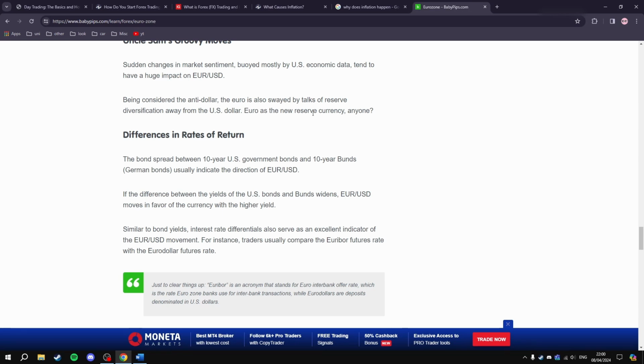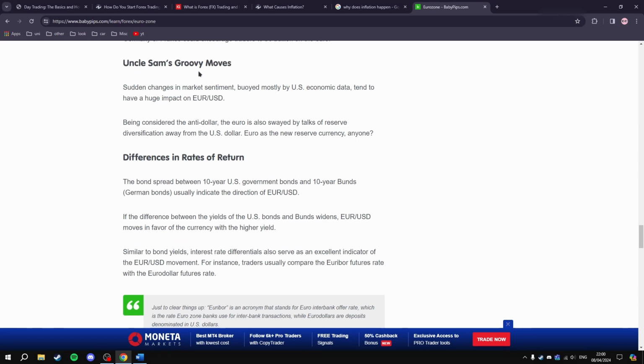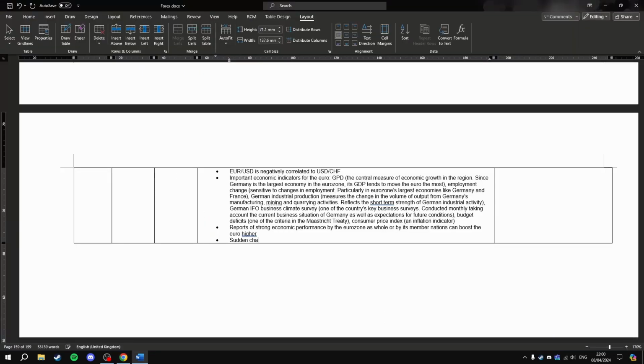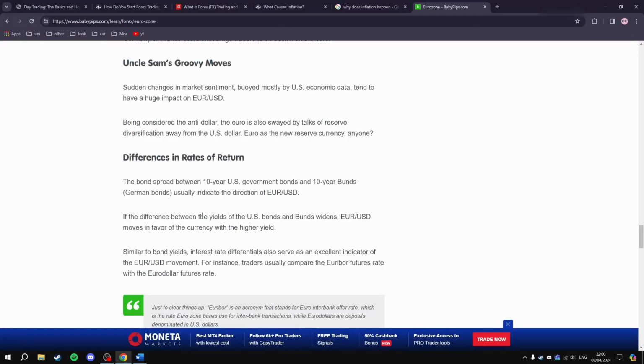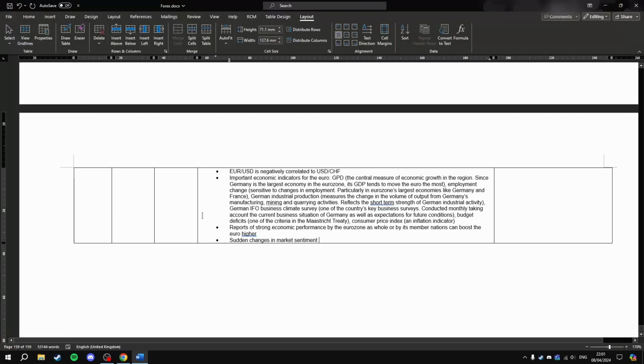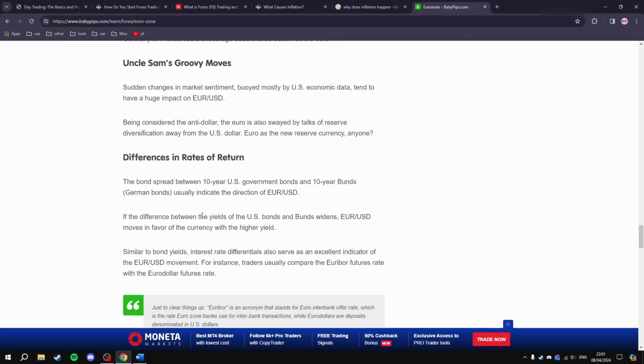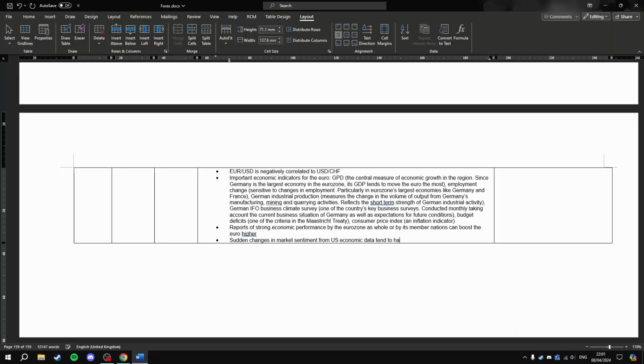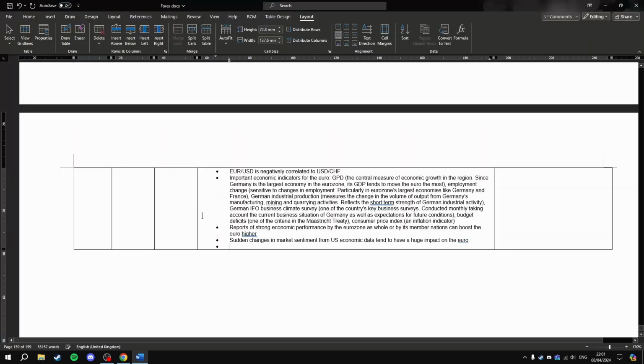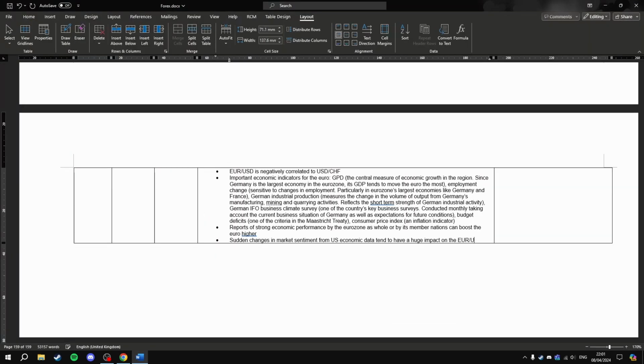Euro as the new reserve currency, anyone?